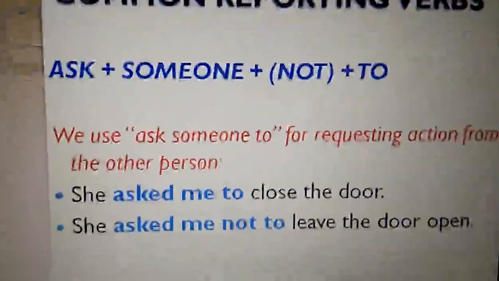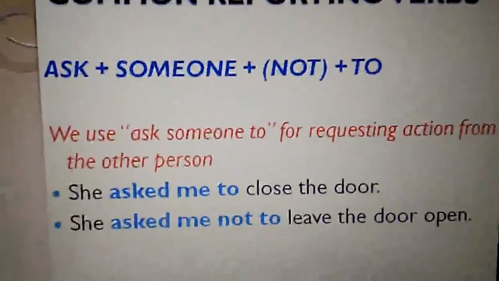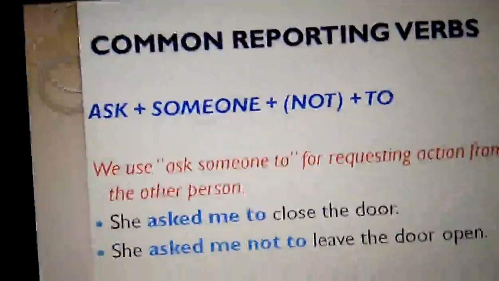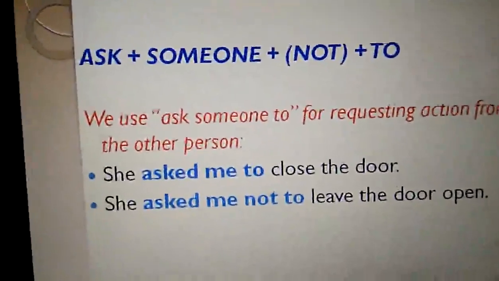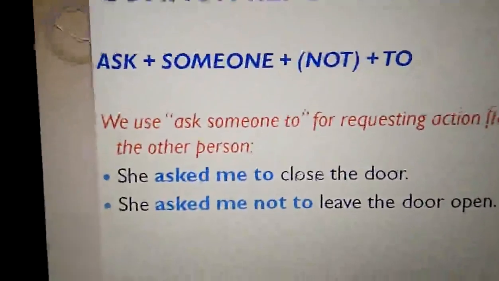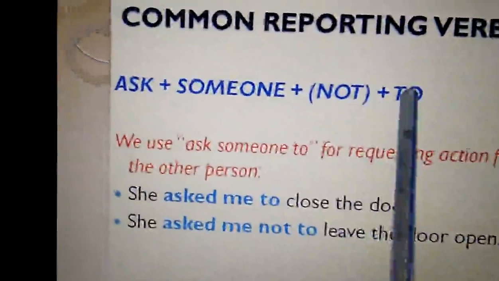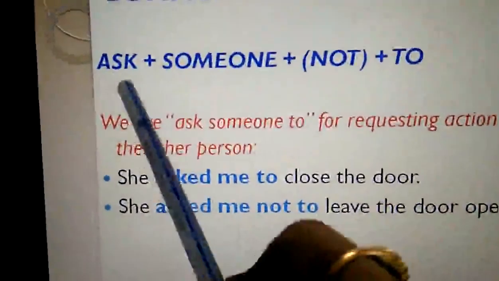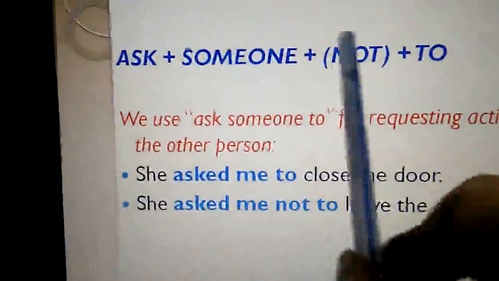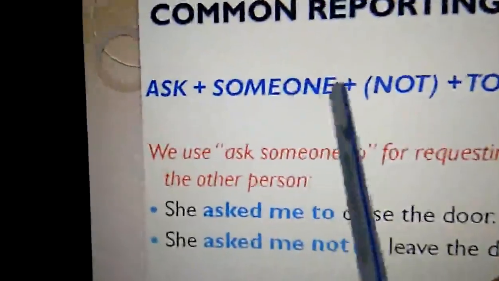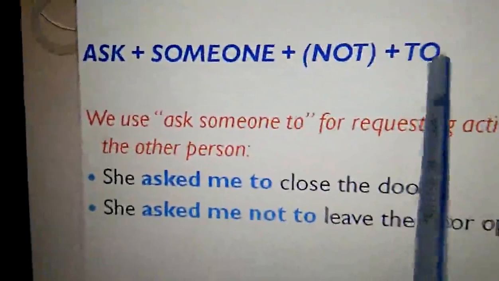We use to when we are requesting someone to do some action, or requesting action from the other person. So I told you we should not use to after ask; in between we should have someone there. That means we have to refer to the person, and then we use the to infinitive.